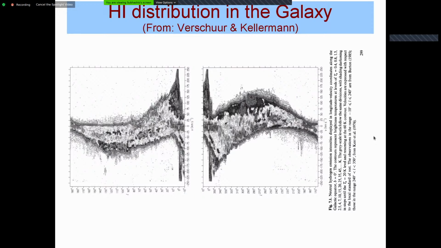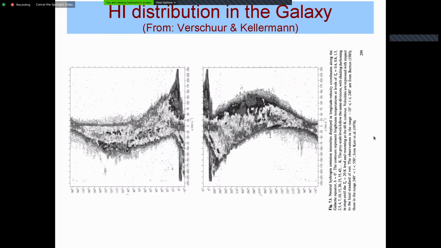Longitude is along the x-axis and the y-axis gives you the velocity. The velocity is shown in various grayscales, and you can see that the velocity is pretty high, going from minus 220 to plus about 250 kilometers per second, close to l equal to 0, which is towards the direction of the galactic center.